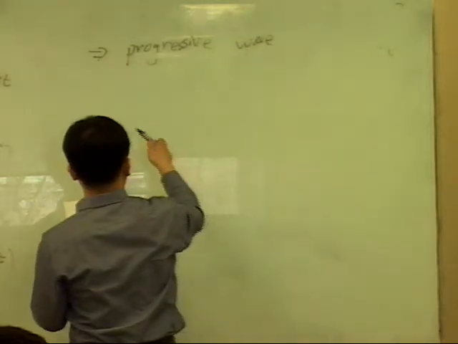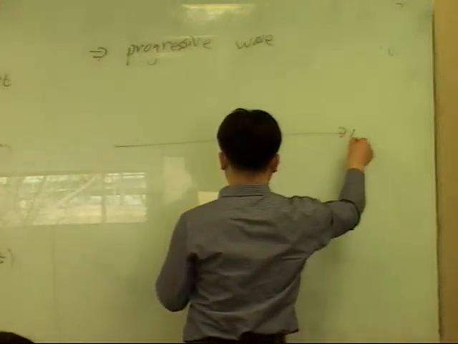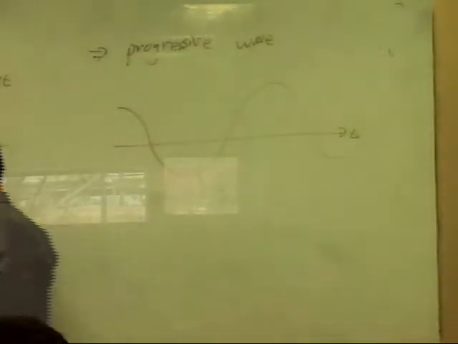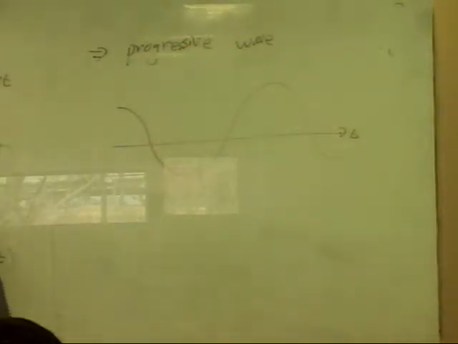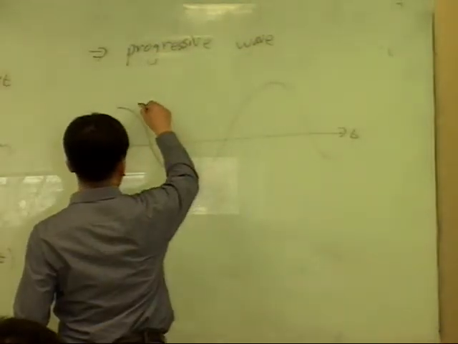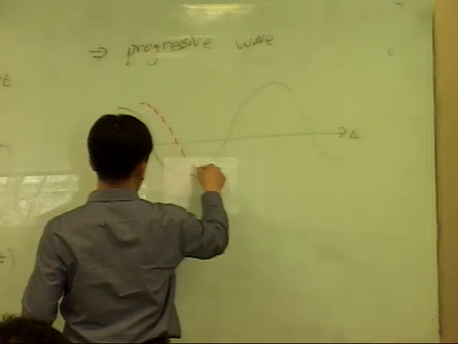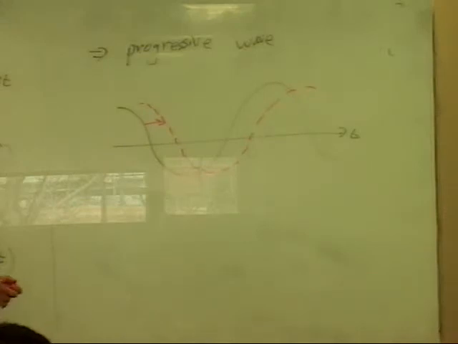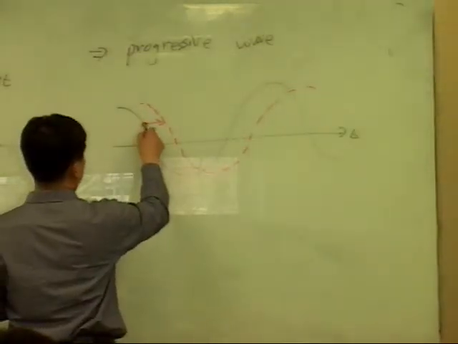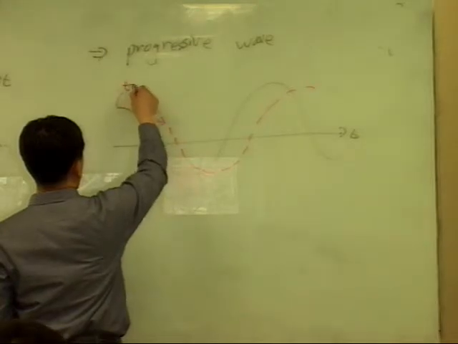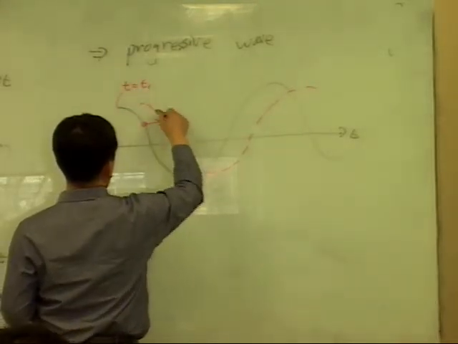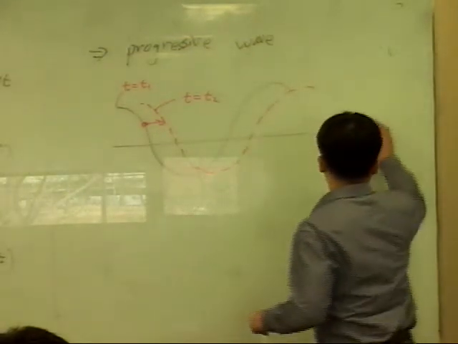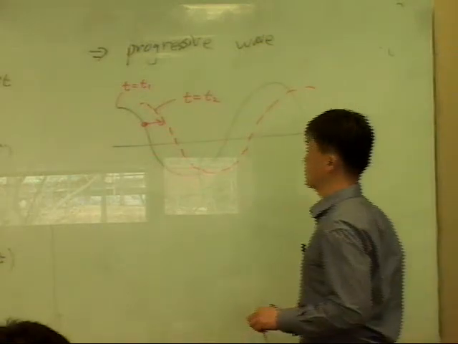A progressive wave means the wave is moving like this. As time goes, the wave is moving. Here is the original, at time t1, and this is time t2, and this is x, space x.